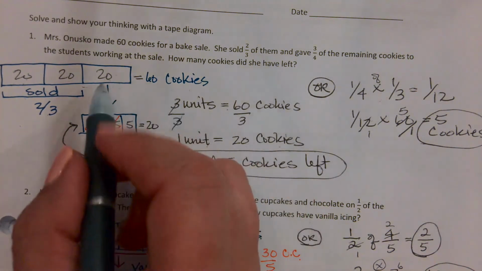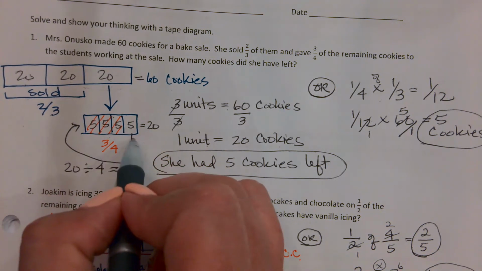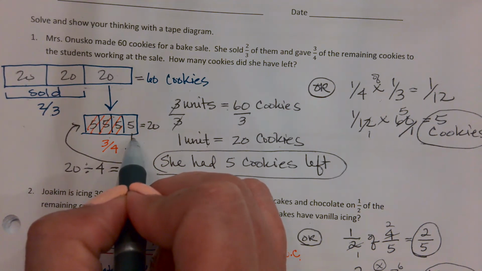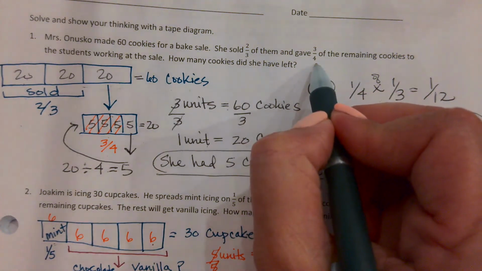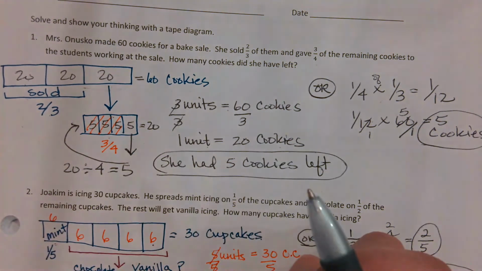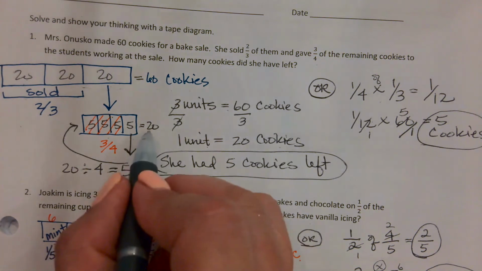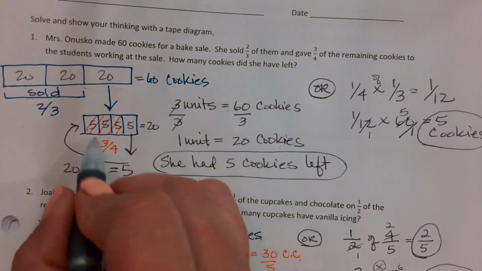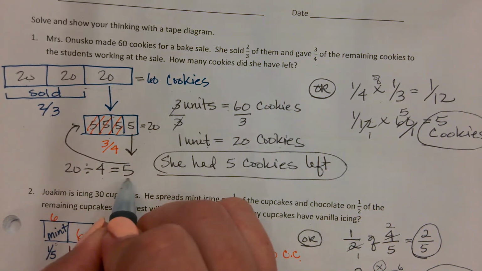After I did that, I went, okay, I know that this is equal to 20 altogether. And I know that it's broken up into 4 equal parts. So I broke it up into 4 equal parts. From there, I said 20 divided by 4 equal parts is going to give me 5.